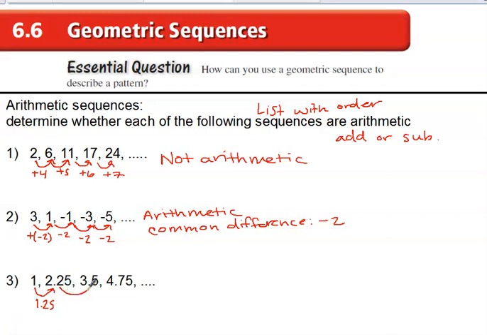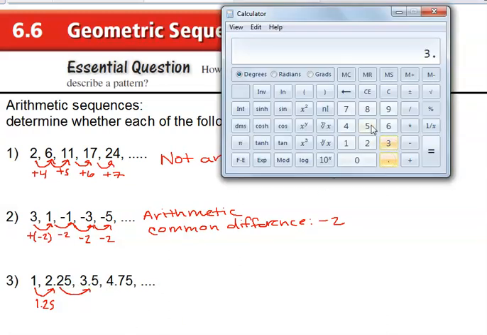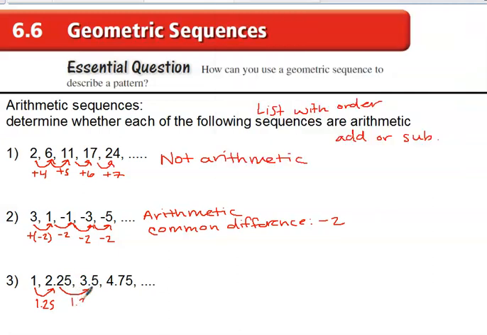To get from 2.25 to 3.5, if you're not sure what that is, then start with 3.5 and subtract the 2.25 and we get 1.25. So to go forwards, I would add 1.25. So far it looks like it could be arithmetic. From 3.5 to 4.75, I would add another 1.25. So this one again would be arithmetic with a common difference of 1.25.